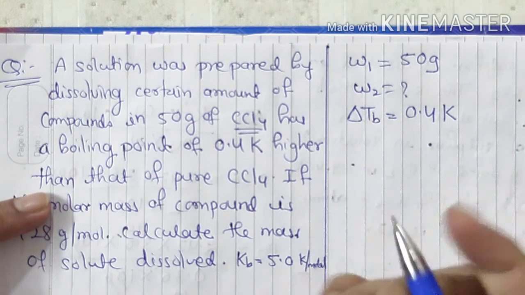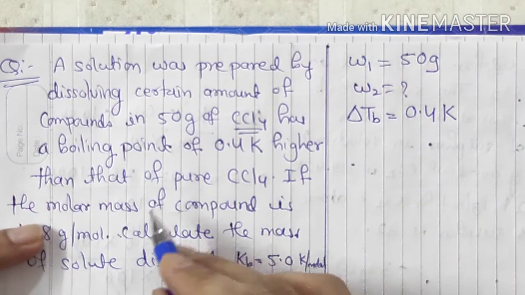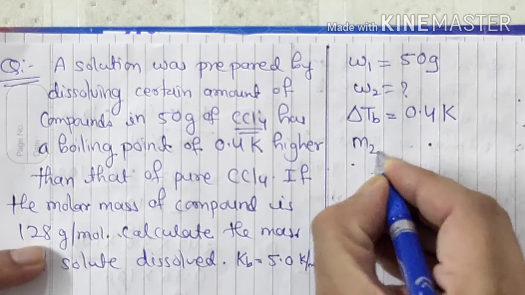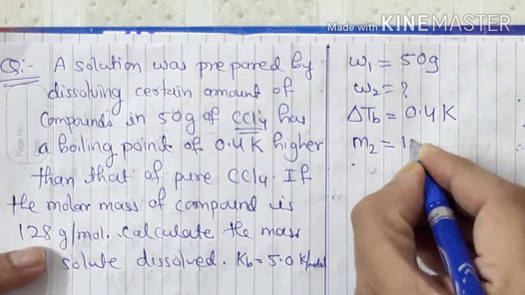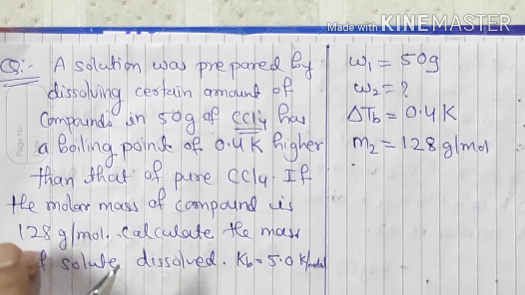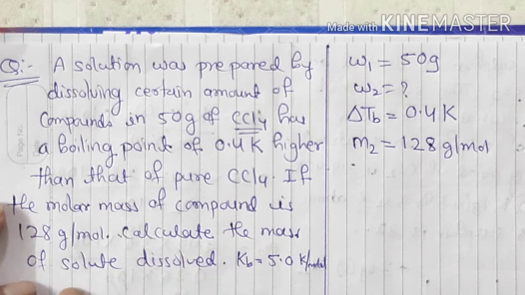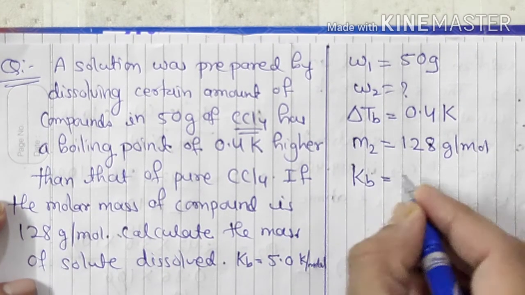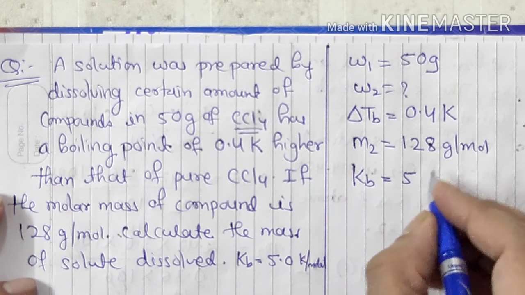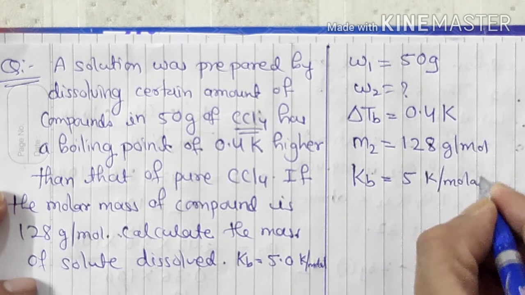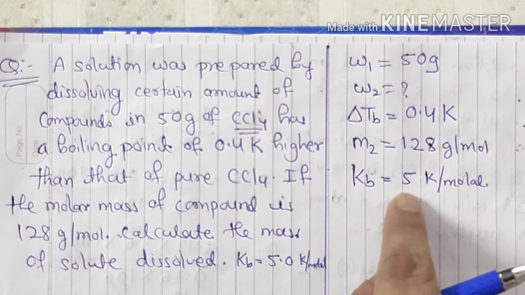Right? Okay. If the molar mass of compound, that is molecular weight of solute, is how much? 128 gram per mole. If molar mass is this much, calculate the mass of solute, that is weight of solute you need to find, and the value of Kb is given, that is 5 Kelvin per molal.